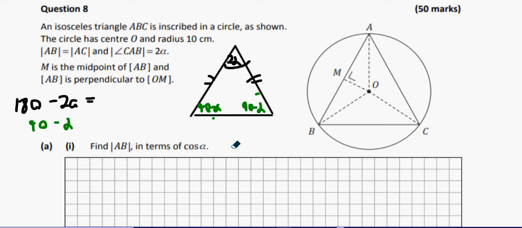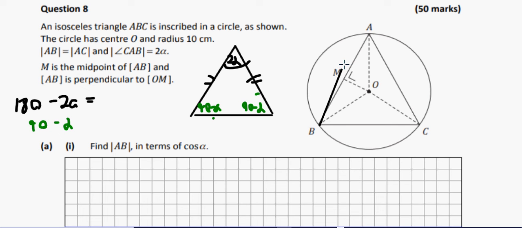I was thinking about doing it this way as 45 minus alpha over 2, but that looks very complicated. And I'm sure there is a way out of that. But there's another rule that we should think about here.